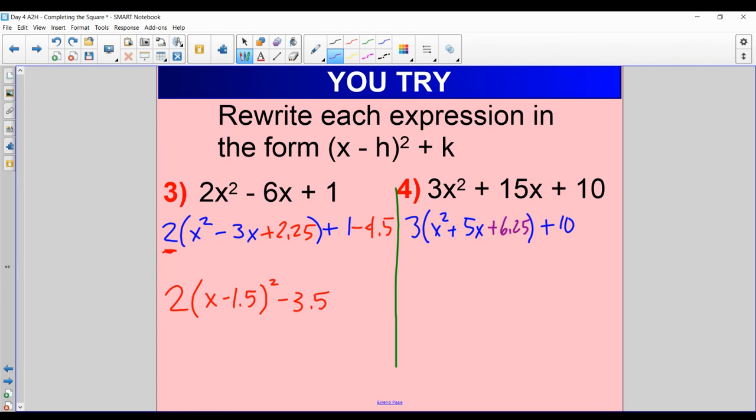Okay, I didn't just put in 6.25, I put in 6.25 times 3. So I'm going to have to subtract out 18.75. So when I rewrite this, I've got 3 times x plus 2.5 squared minus 8.75.